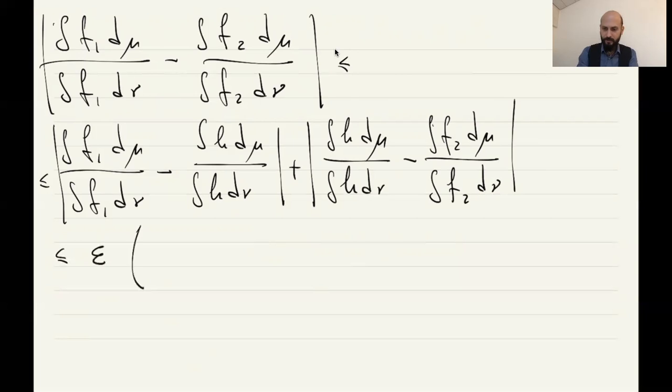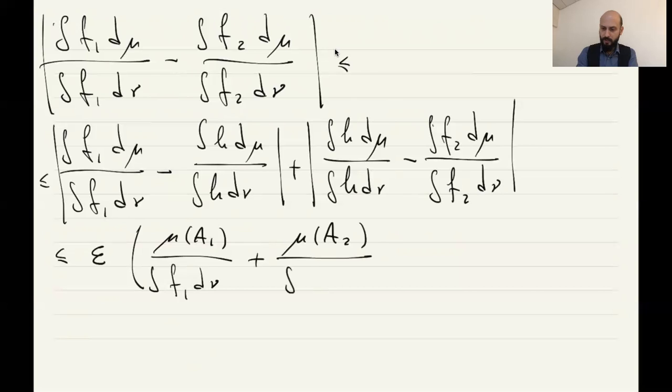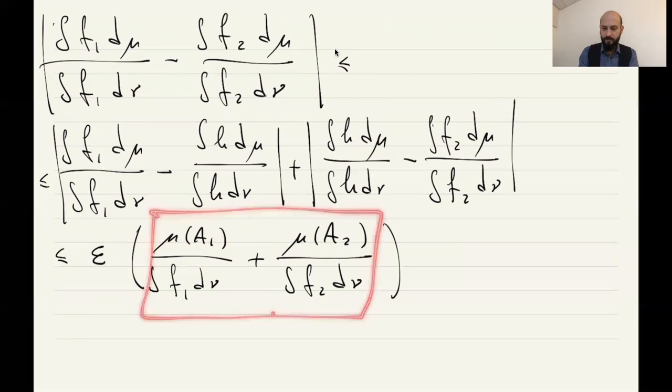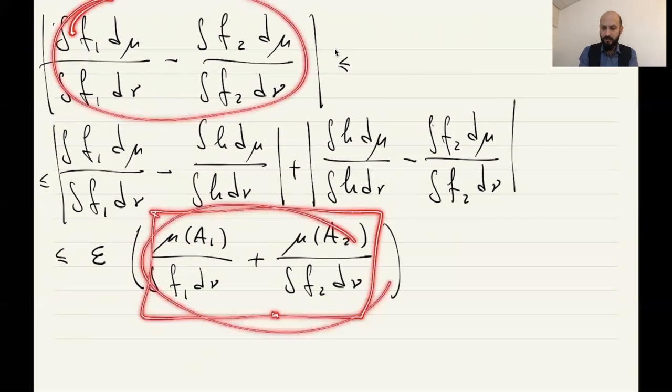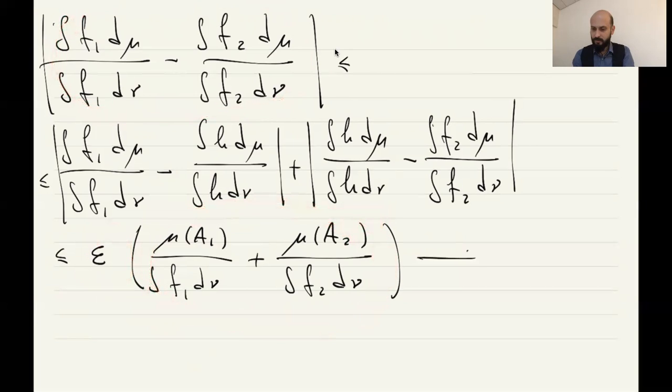The first time I have mu of a1 divided by the integral of f1 d nu, and the second time mu of a2 divided by the integral of f2 d nu. But now, see, this number here is fixed, it's independent of epsilon. So this difference is bounded by a number depending only on f1 and f2, for every epsilon. So as epsilon goes to 0, since this is true for every epsilon, we get that this is 0.